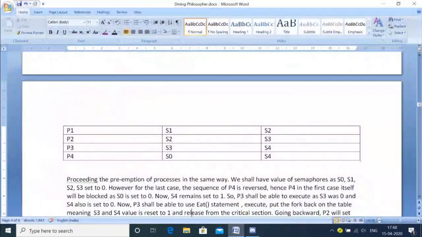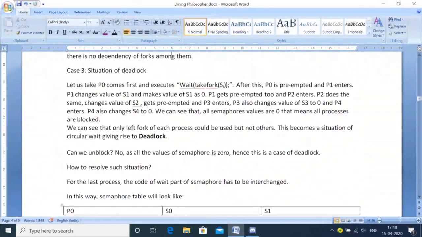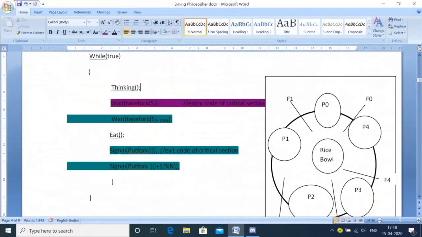The thing is, what has happened in this kind of situation is, for example, P0 has taken fork F0. So it has executed this code, the first code. The moment we execute this code, this fork has been taken. Now, before it could go to the next line of code, some preemption took place. That means some interrupt took place, the control came out, and some other process came.